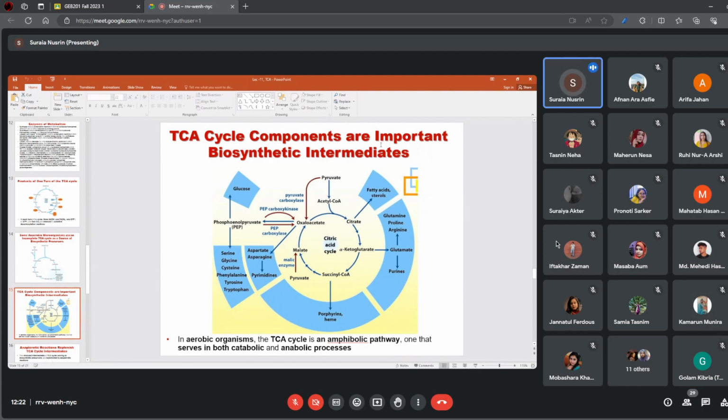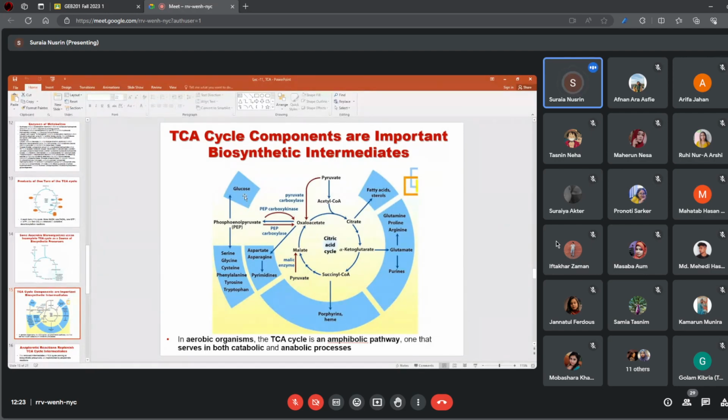So here we are talking about the blue arrows. Please follow the blue arrows, not the red arrows. We did not discuss the red arrows yet, that will come later. If we follow the blue arrows, we can see from these intermediates what important molecules are synthesized. Even oxaloacetate is used to synthesize other molecules, especially different amino acids as well as glucose.